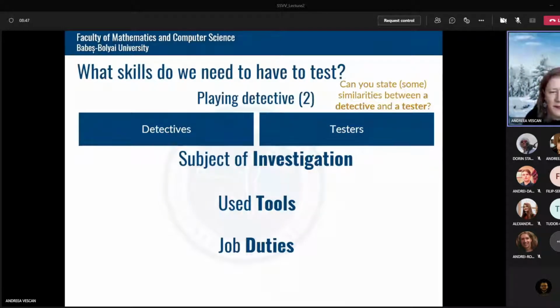They have gloves when they investigate the crime. How about testers? What other tools? Andrei Barzu mentioned the mind, how they think, the strategy that they make, how they correlate different events. So both testers and detectives use this in order to investigate the crime or the activity, and also the code.